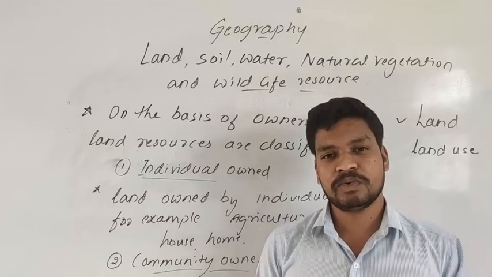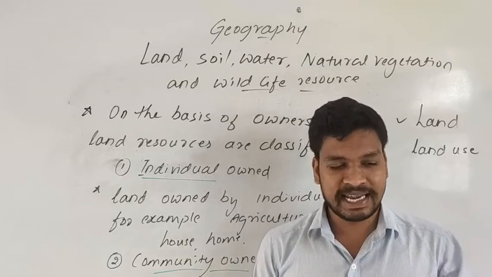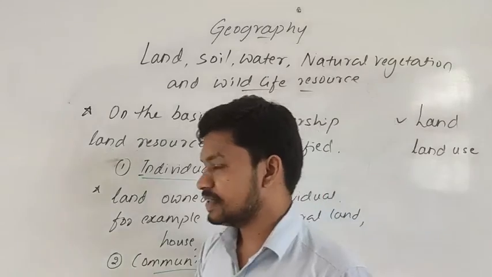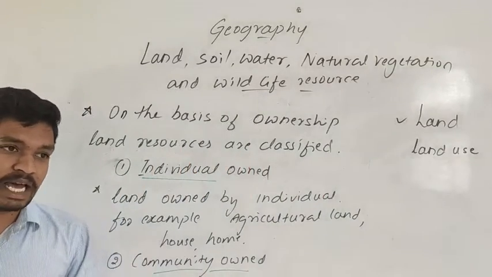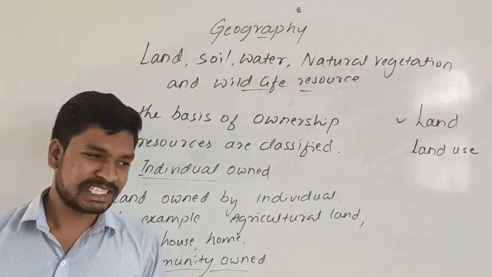For example, what are those land resources? Pastures, grazing land, graveyards, the playground, agricultural lands, streets.